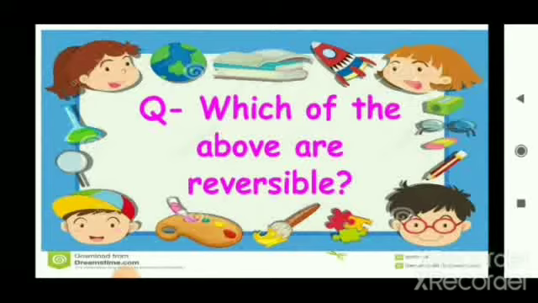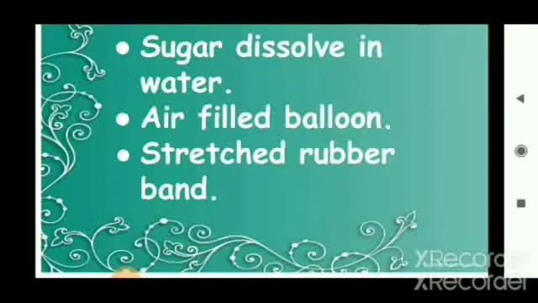Is tearing of paper a reversible or irreversible process? Your answer will be that tearing of paper is an irreversible process, right? We are not able to get the same paper when we tear it. But when we dissolve sugar in water and evaporate the solution, we can get back the sugar, right?